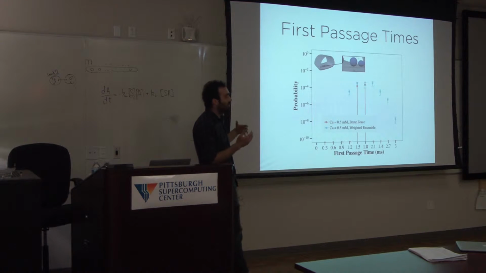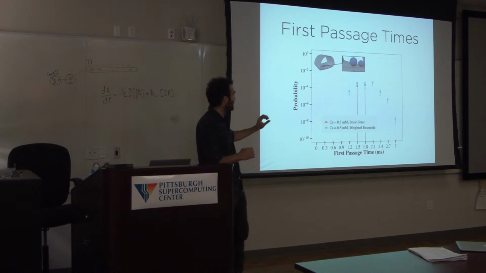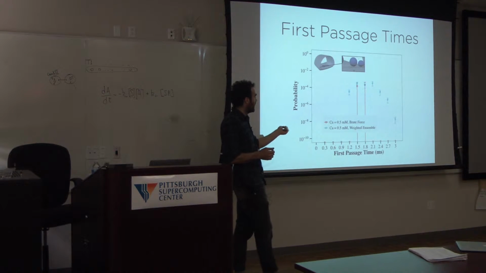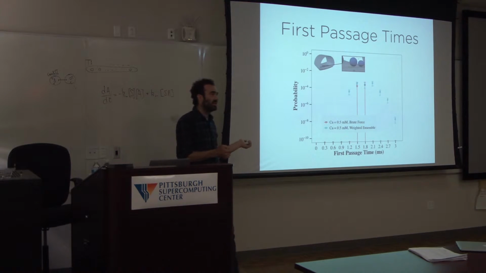The firing probability goes down as a power law pretty strongly as the calcium concentration decreases. So it's a fourth or fifth order relationship. As you crank down the calcium concentration, it becomes very, very difficult to simulate these firing events. You have to run tens of thousands or hundreds of thousands of simulations.